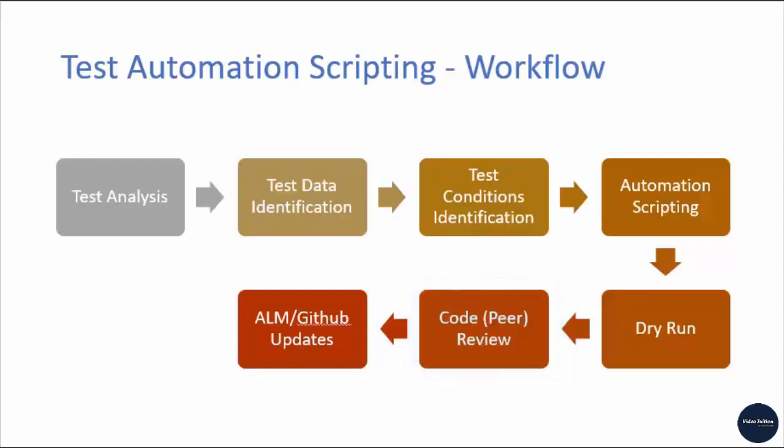Then the last step is updating the ALM and GitHub. That is again part of the process. Usually we also like to upload the test cases in ALM and update GitHub, which is a configuration management tool. So these are the multiple steps involved in test automation scripting. When we see the model, we will be providing the estimation for all these stages.